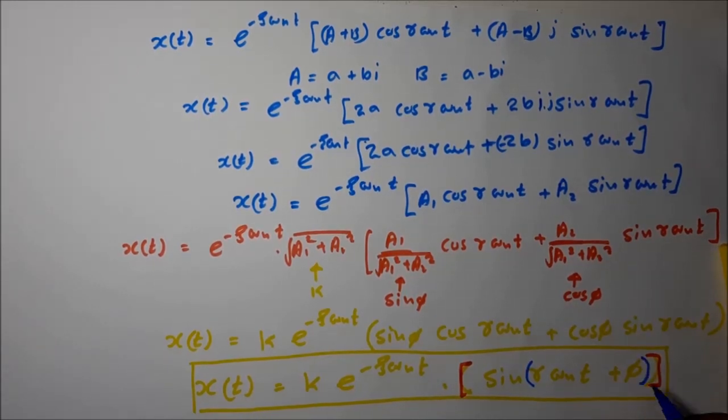What is the function of this shape? You can see the multiplication of two terms. One is the negative exponential function, and the other one is the phase shift sine function. So what is the shape of this curve?